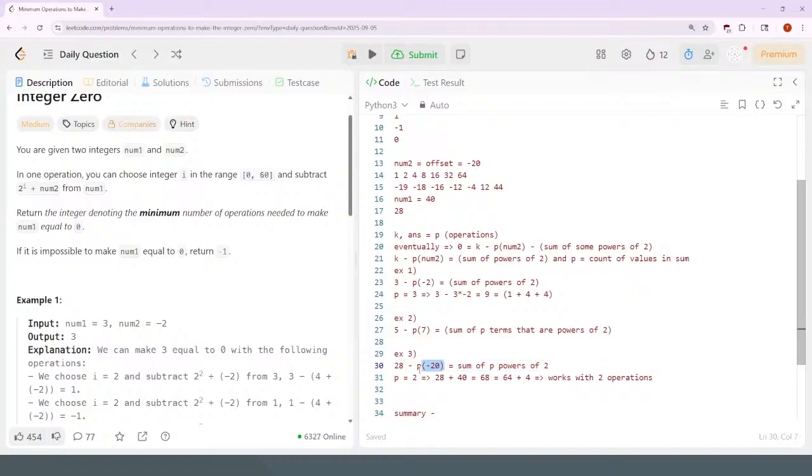This could be a strictly decreasing number, so they could not intersect. 5, especially if it's initially going to be negative. If it's initially negative, then there's just no way.